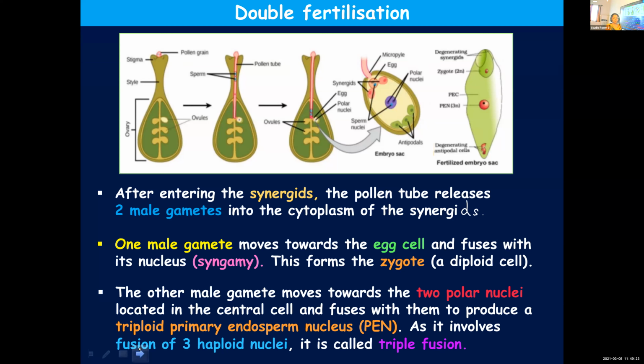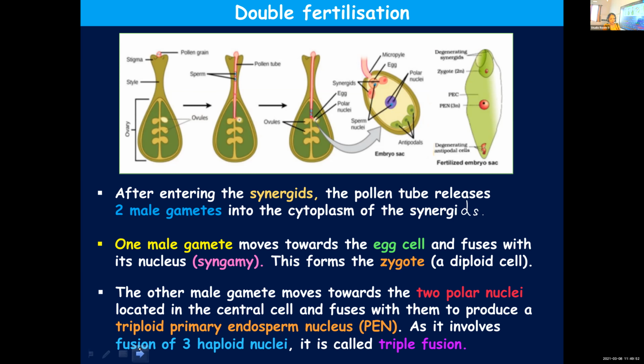And the first fertilization, that is fusion of male and female gametes to form a zygote, you call it syngamy, same as fertilization. Whereas the second fertilization, where the male gamete is fusing with two polar nuclei, you call it triple fusion, because 3 haploid nuclei are being fused.